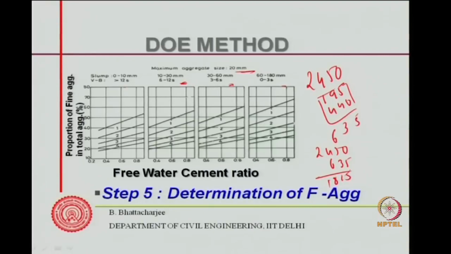Supposing my slump is 60 to 180 and I am using 20 mm aggregate, and my water cement ratio is 0.45 or something, and I have a zone 3 or zone 2 sand, somewhere here. So I know it's about 30%, let us say, by weight.